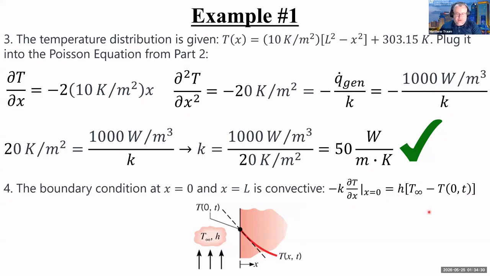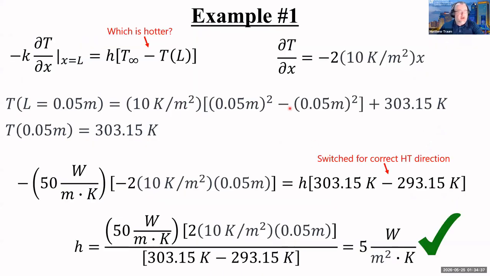I always switch the order as needed to make sure that the convective term is positive. Here I'm recognizing that it's the slab that's hotter, so this is going to be hotter than this. You can see me doing it down here: I switch these two so that the hotter slab gives me a positive value for convection. We'll come back to that.